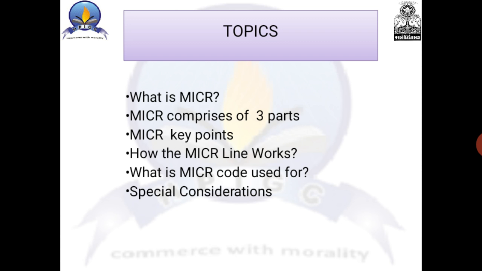The American Bankers Association established the MICR line in the late 1950s, and it was later recognized as an industry standard by the American National Standards Institute. The MICR number allows a computer to rapidly read a check number, routing number, account number, and other information from printed documents, such as a personal check.